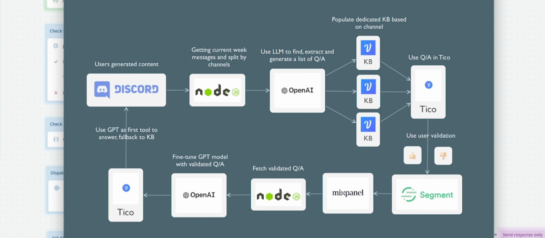And we go back to the beginning of that loop, using Tico on Discord to answer questions with this new knowledge. And we will do the loop again. So every week, fetching messages, finding new questions and answers, and then populating the knowledge base, validating this, fine-tuning a new model, and using this.